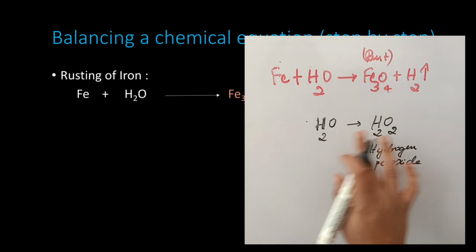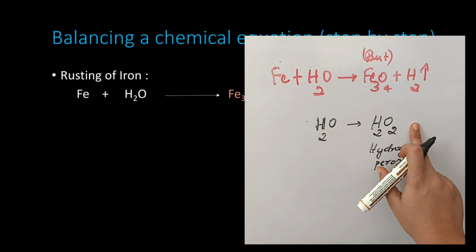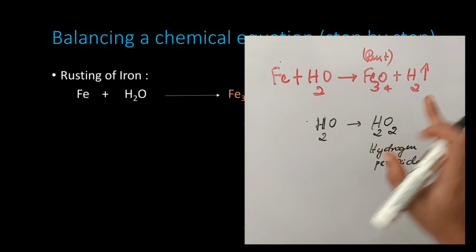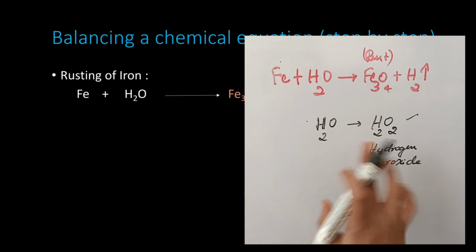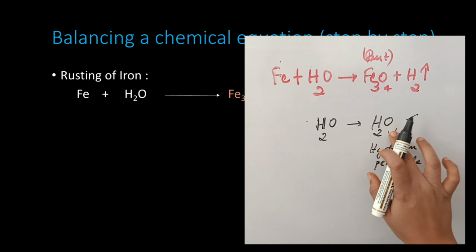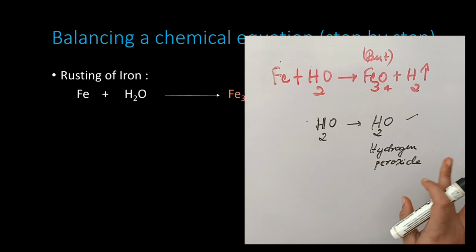Hydrogen peroxide is not water. It is a mild antiseptic that is used in the cleaning of wounds and cuts. You might have seen that. So that hydrogen peroxide is not water. It is a different substance and it has different properties. So you can never add anything in the subscript. The whole nature changes.